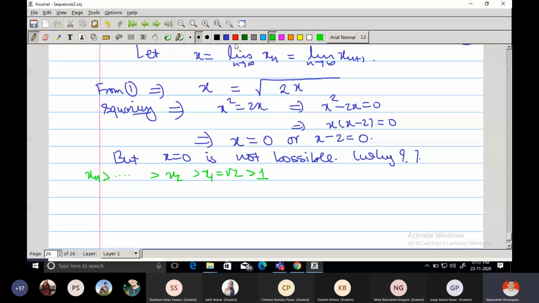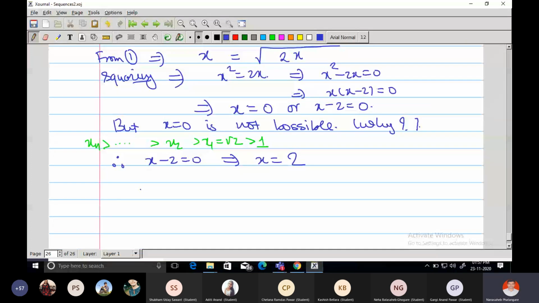And therefore, what possibility remains? x is equal to 2. Right. And hence the limit as n tends to infinity of x_n is 2. Therefore, where does this sequence converge? This sequence converges to 2.